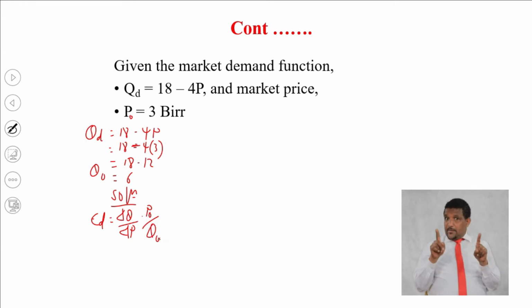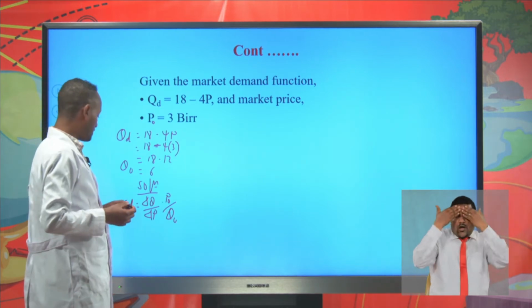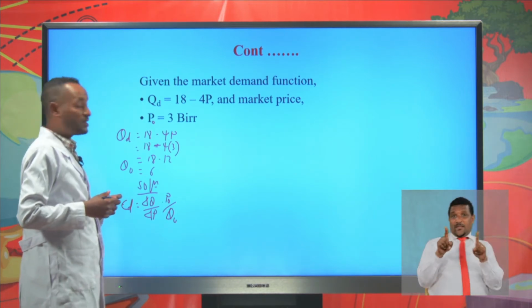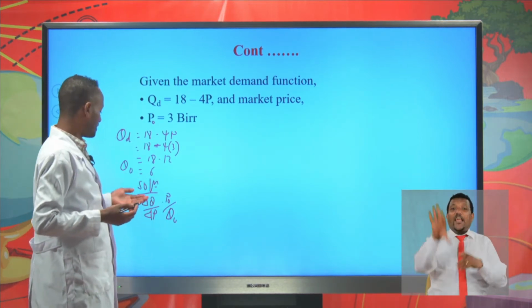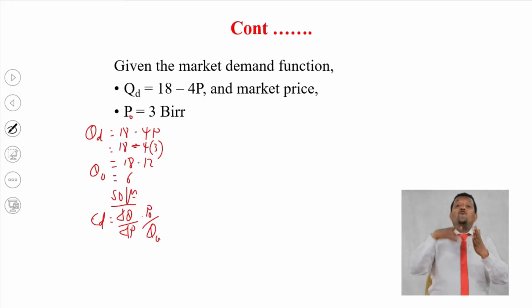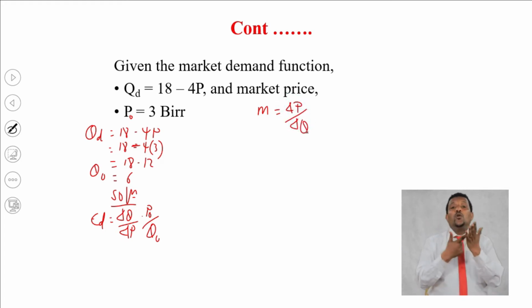But we have the initial price and the initial quantity, and we don't have the value of the change in Q for the change in P. But there is a means of getting it. We have to first get the slope of the demand function, because the slope is calculated by dividing the change in P for the change in Q. Then, once you get the slope, we can use the reciprocal of the slope of the demand function to get the value of the change in Q for the change in P.